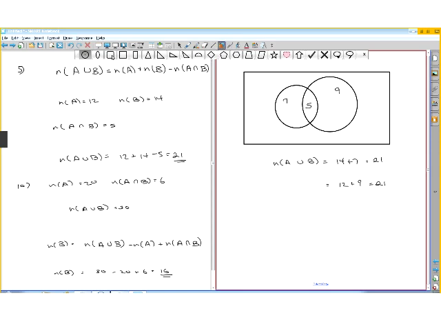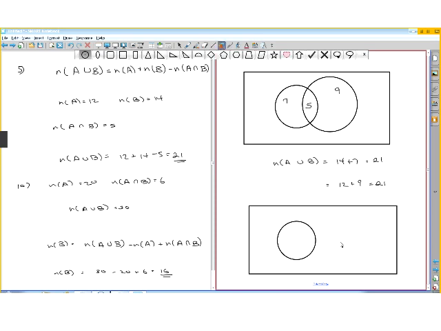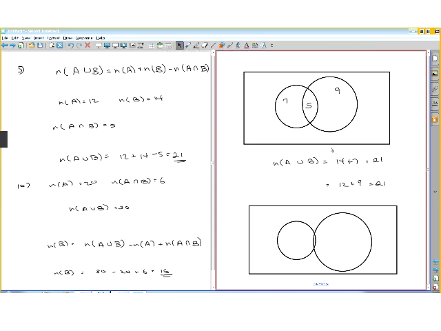Okay, the second one, same kind of deal. We've got some crossover here, and I'll just make this a little bit bigger.